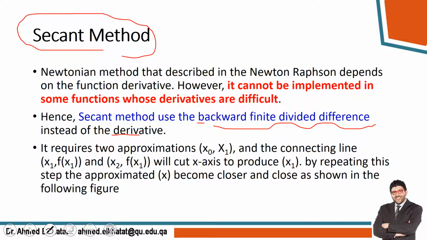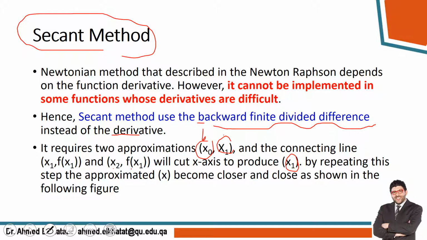So it requires two approximations, x naught and x1. This is the old one, and this is the new one, and later the old one will be dropped. We connect a line between x1 and its function value, and x2 and its function value. That will cut the x-axis to produce the new x.